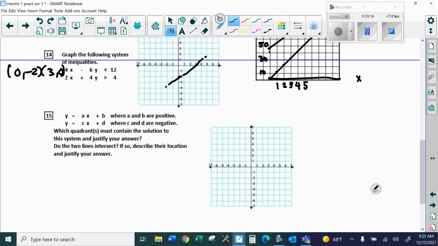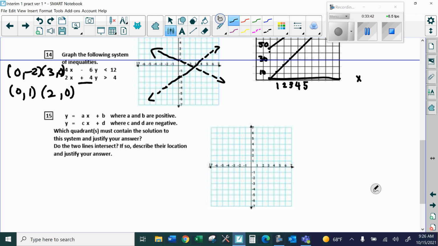I'm just going to quickly, this is running out of time here for class. And then down here, if x is 0, y is 1. If y is 0, x is 2. So plot 0, 1 right there and 2, 0 right there. Again, it's not underlined, so that's going to be dashed like that as well.